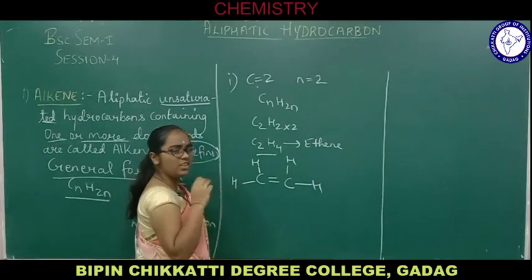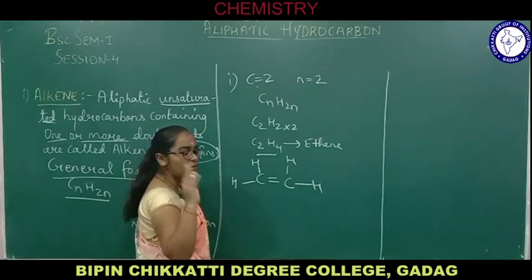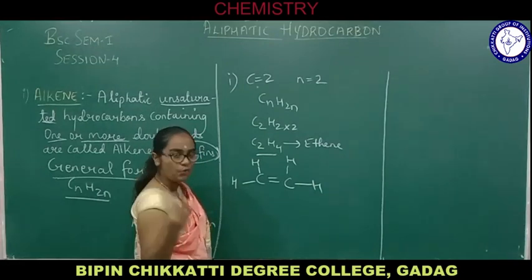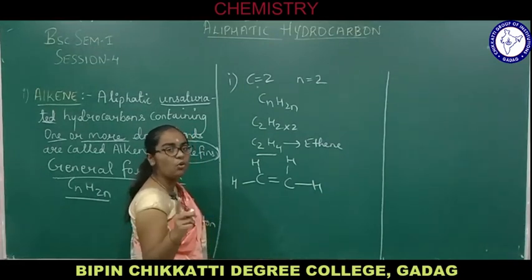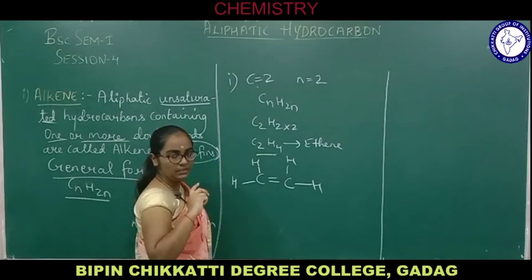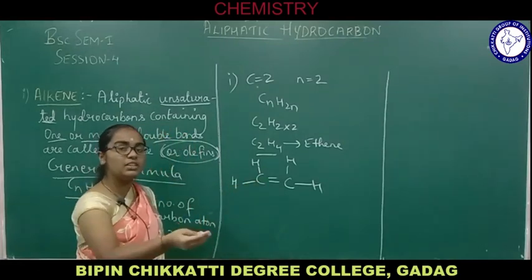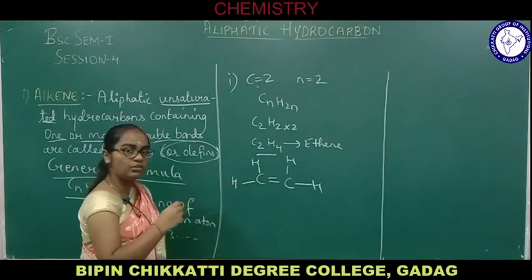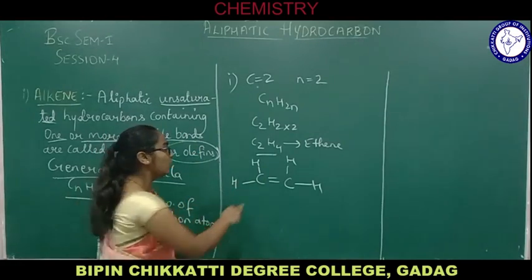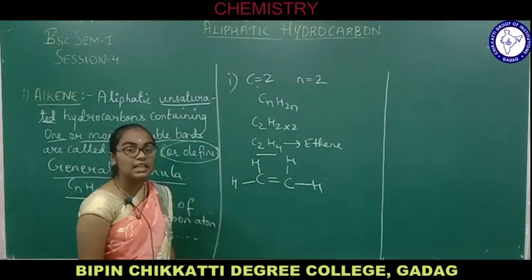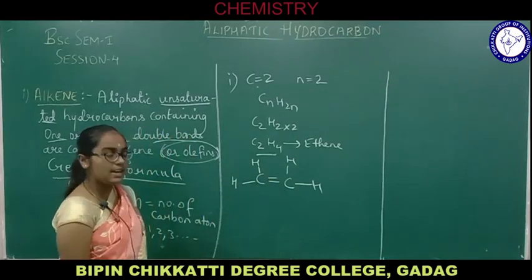If there is confusion here, what you need to do is remember that carbon has a valency of 4, that means it can bind with only 4 other atoms. One bond is already utilized for combining with the other carbon atom. Here one more bond is going to bind with the other carbon atom, because alkene is an unsaturated hydrocarbon.